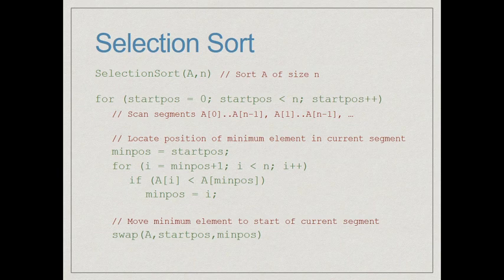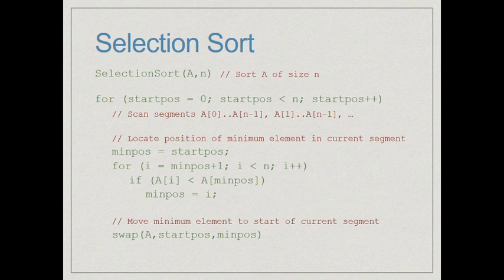Having done all this, we have now found the minimum from a0 to a n minus 1. Then you move this value to the beginning, so you swap the starting position and the minimum position. Now we have the smallest value at a0.